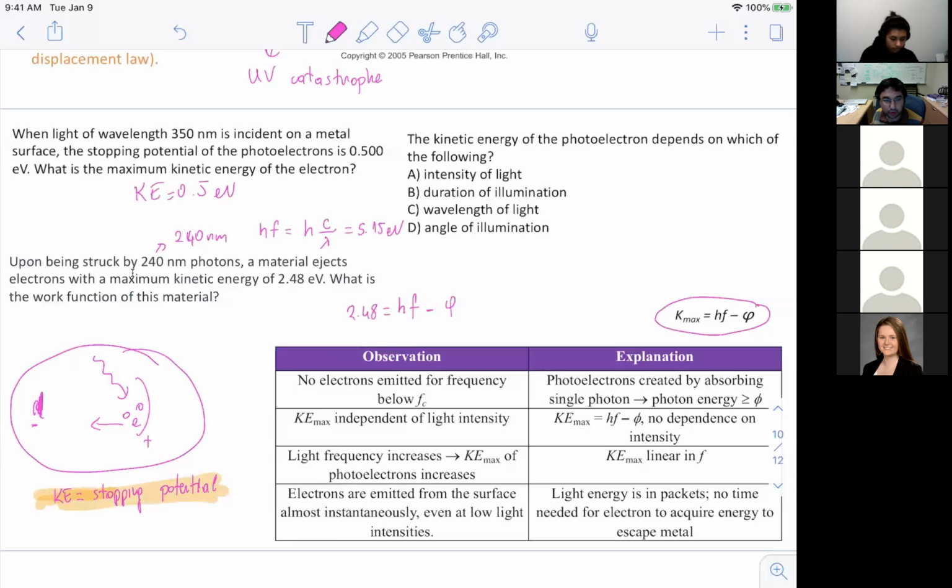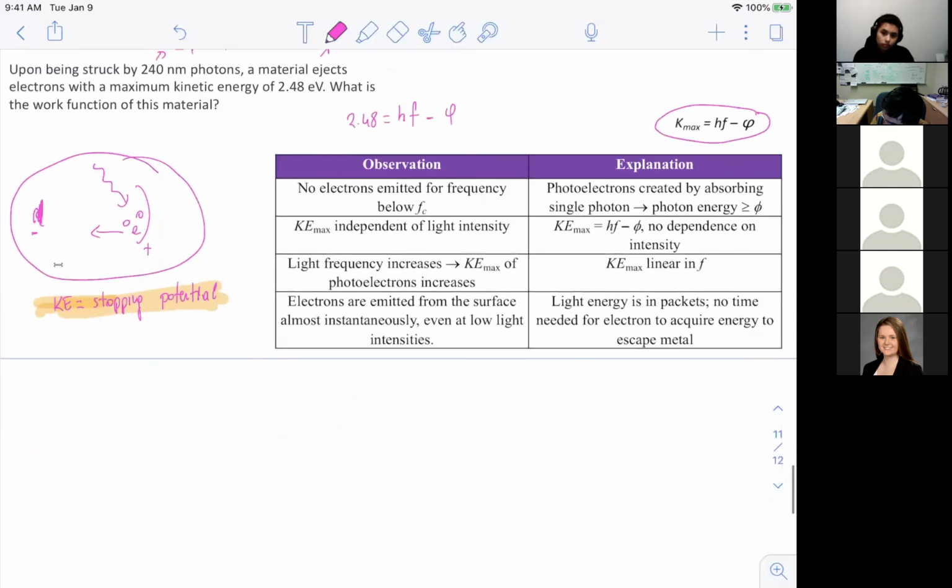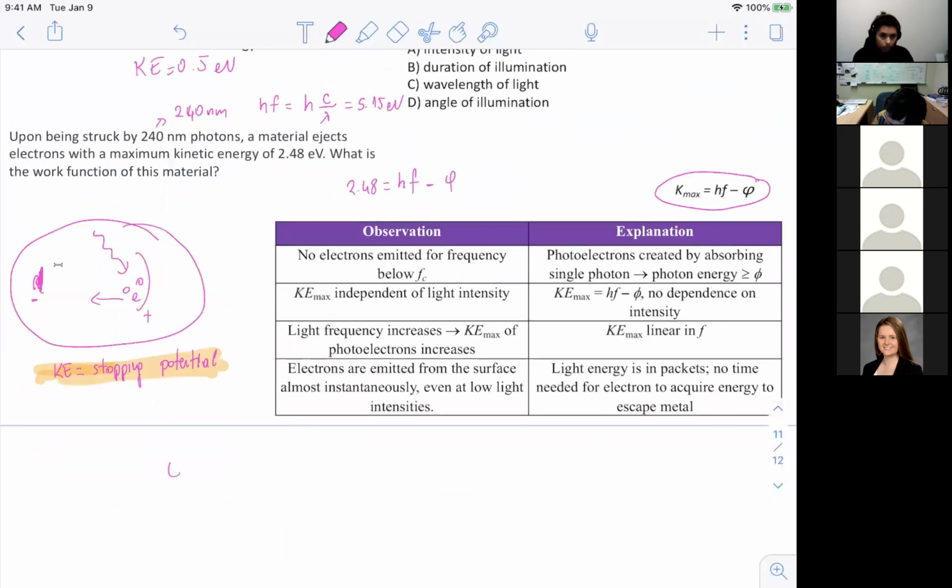So do you have any trouble with this calculation? I can share that screen if you want. Okay, so let me write it down here as well if you have some question. The energy is given by 6.6 times 10 to the minus 34 times 3 times 10 to the 8, the speed of light.